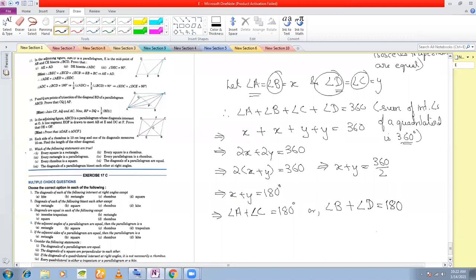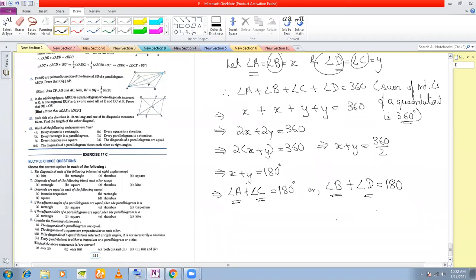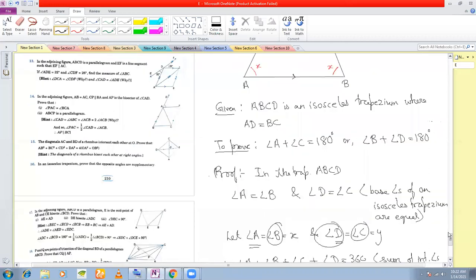See, because x is equal to A or B, first I have written x is equal to A, and then I have written x is equal to B. Y is equal to D and angle C, so I have written angle C first, and then angle D. Okay, so these two we needed to show, right? To prove angle A plus angle C is equal to 180 degrees, angle B plus angle D is equal to 180 degrees.